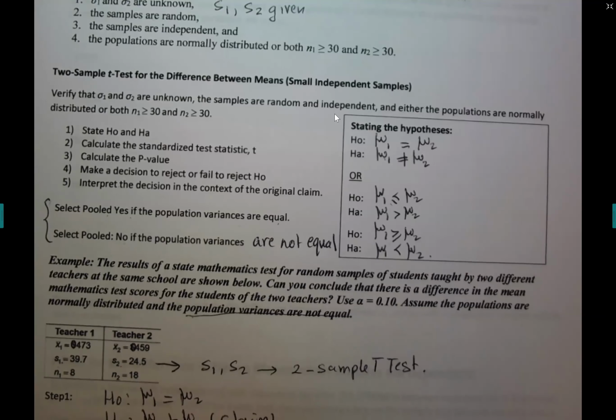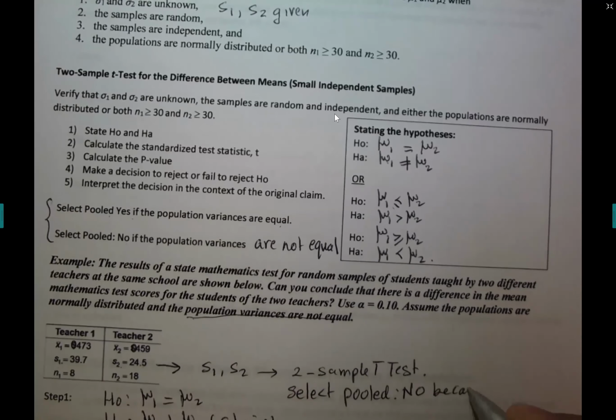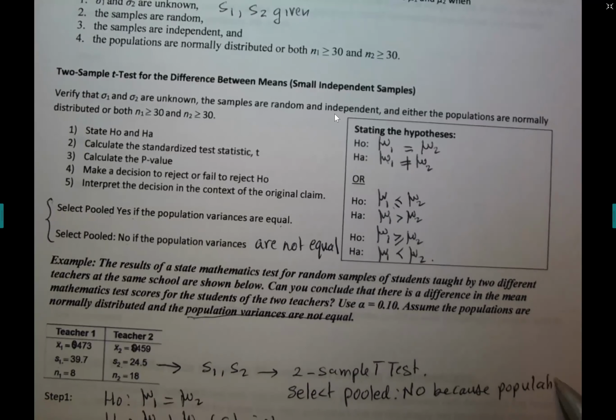That's all I need from the calculator, and I'm done with it. Let me just put here: select pooled no, because population variances are not equal.